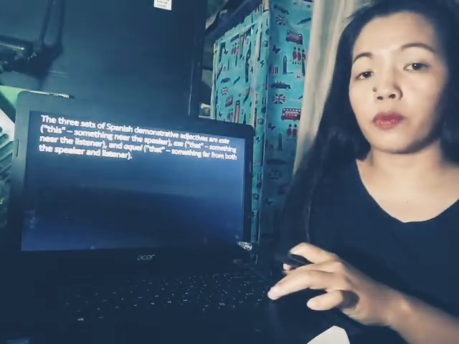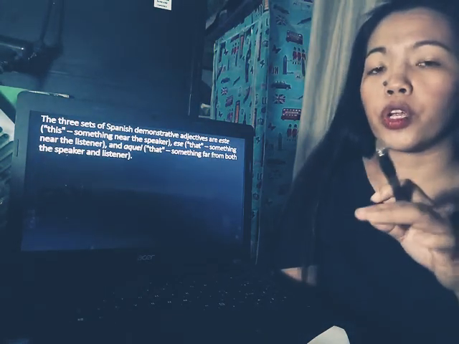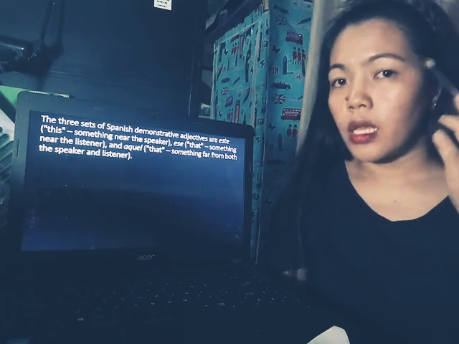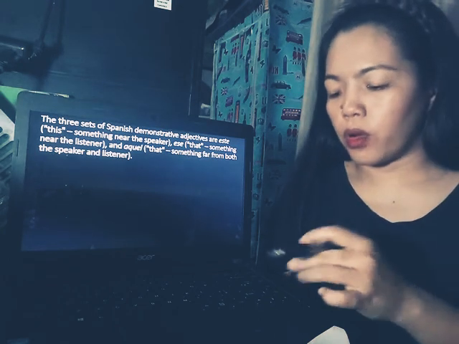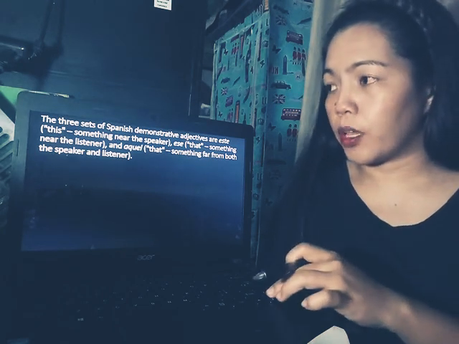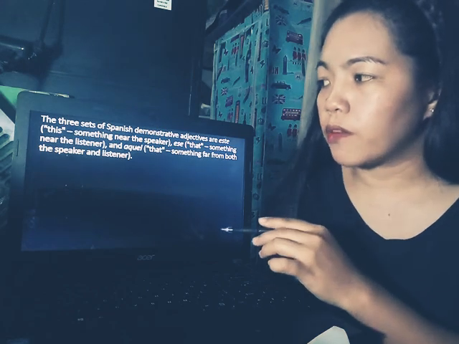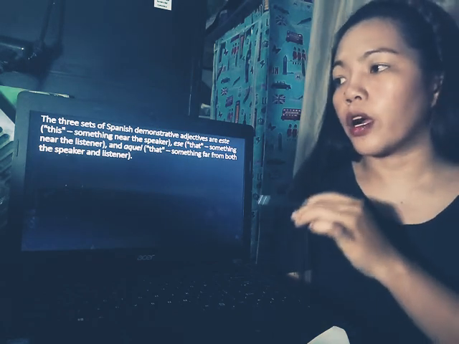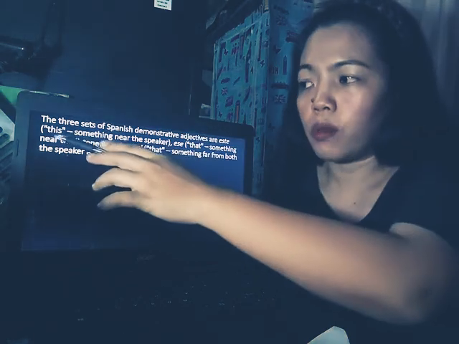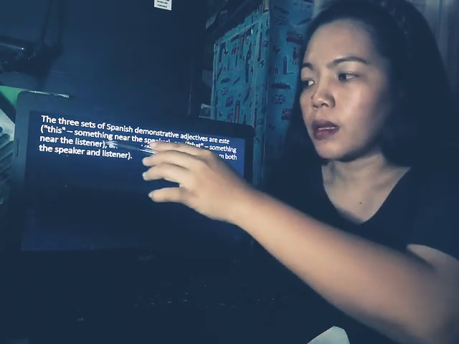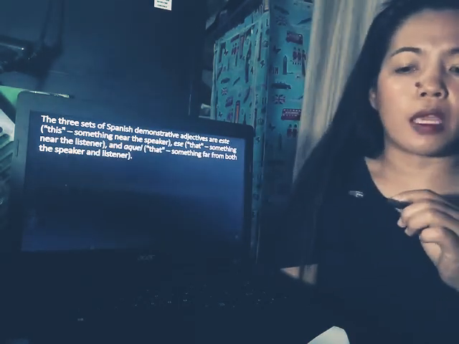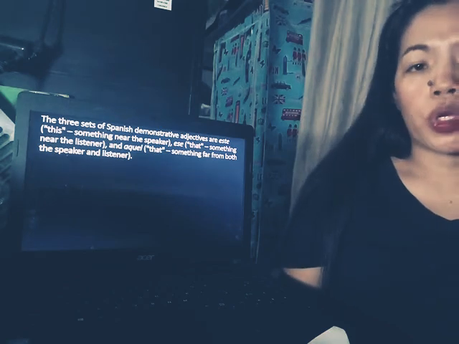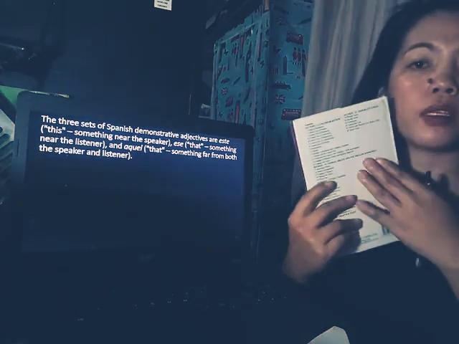Now let's move on to the words that you need to learn. You have to remember how you are going to use them. The three sets of Spanish demonstrative adjectives are: este, which means this, something near to the speaker, like me. This book, I'm going to talk about this book.